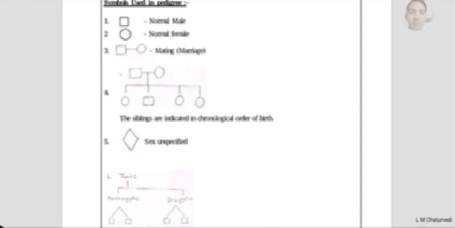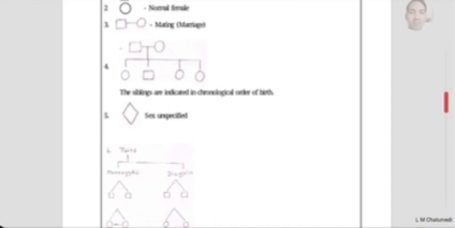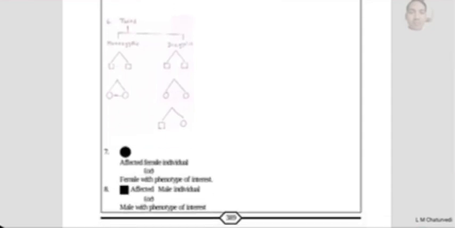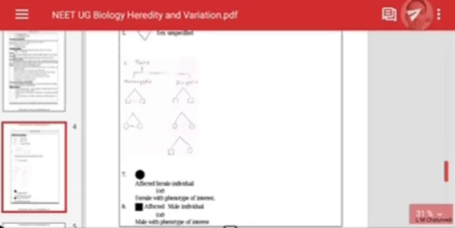So three female babies and one male baby. We can make such a diagram when sex is unspecified. We can also show twins in such a manner, and an affected person is shown dark, an unaffected person light.